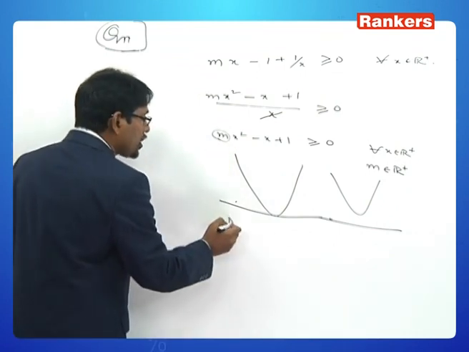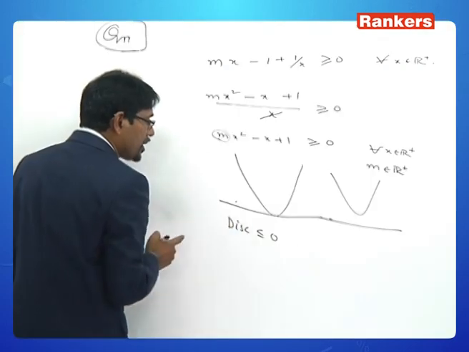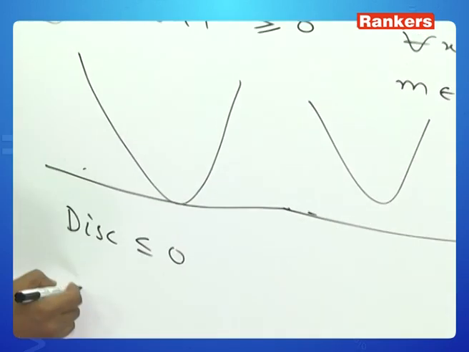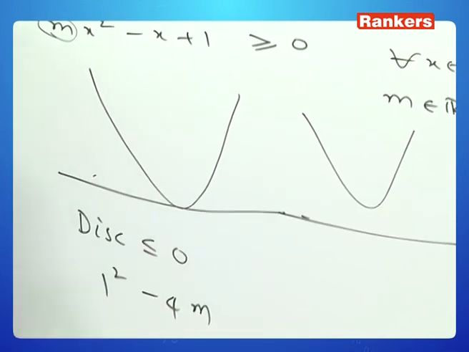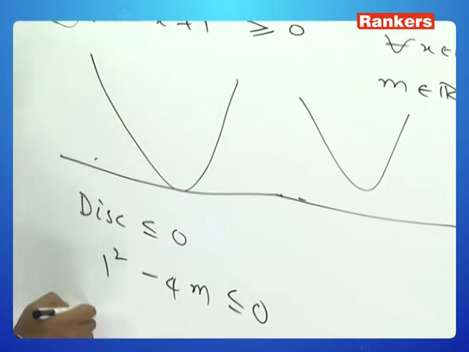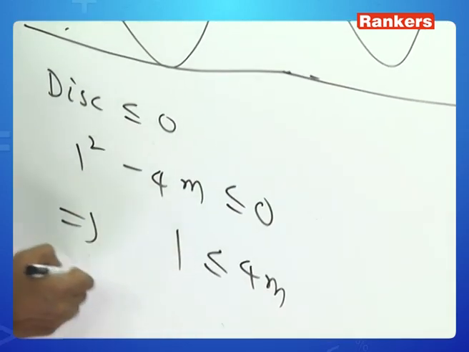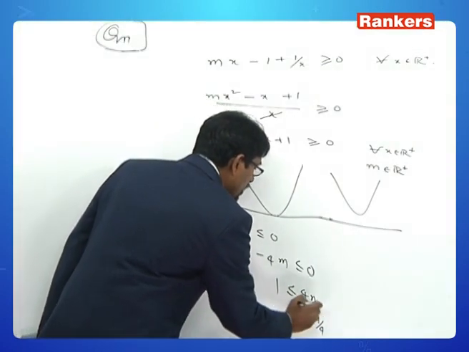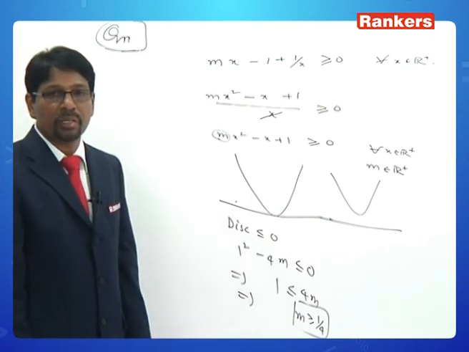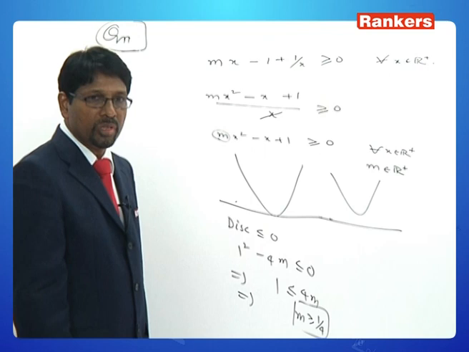Now I want the discriminant to be therefore less than or equal to 0. What is the discriminant here? 1 square minus 4 into m. That should be less than or equal to 0. From here, 4m should be greater than or equal to 1. This implies m should be greater than or equal to 1 by 4. So the least value of m that we observe is 1 by 4 there. So minimum value of m should be 1 by 4.